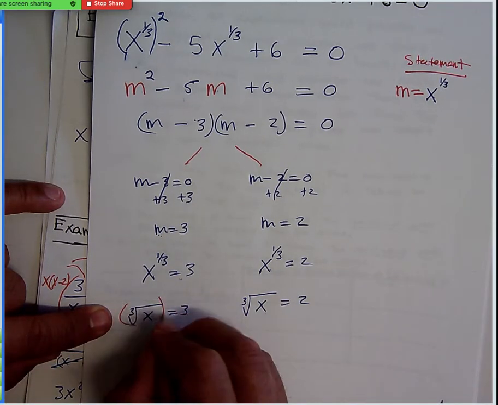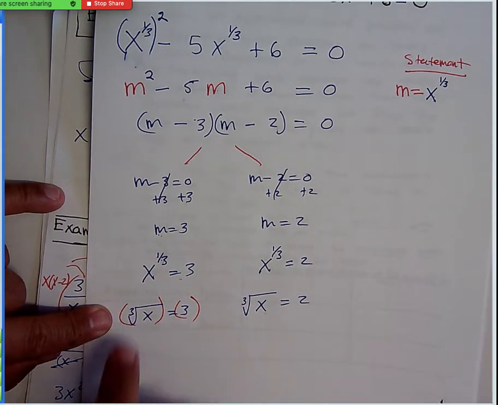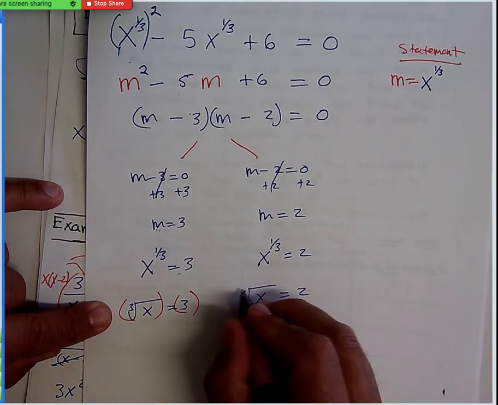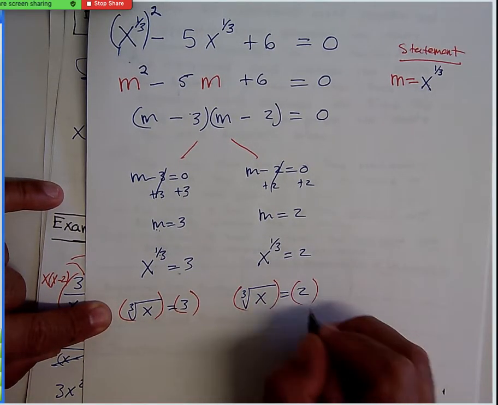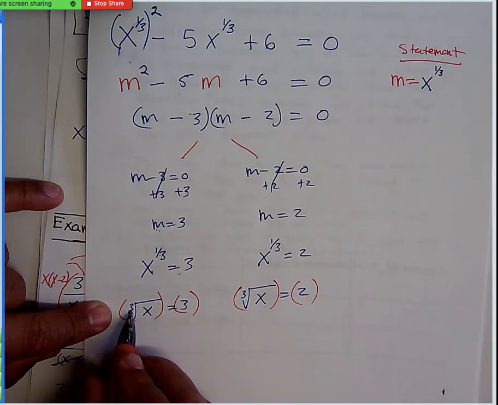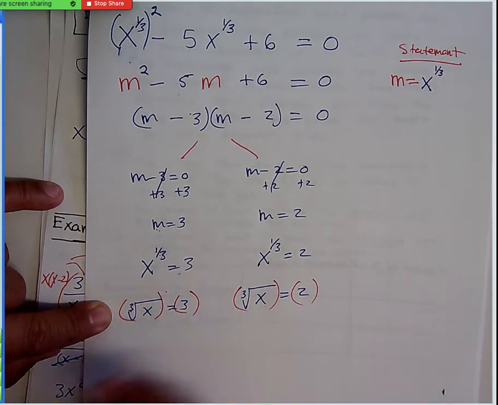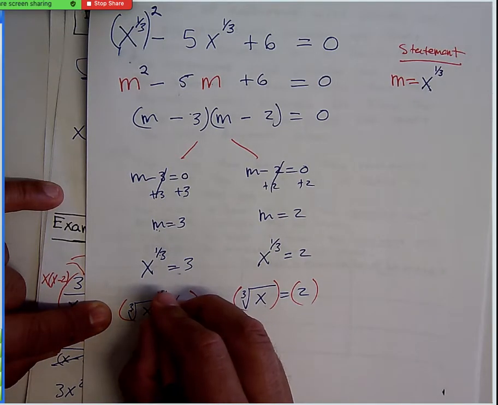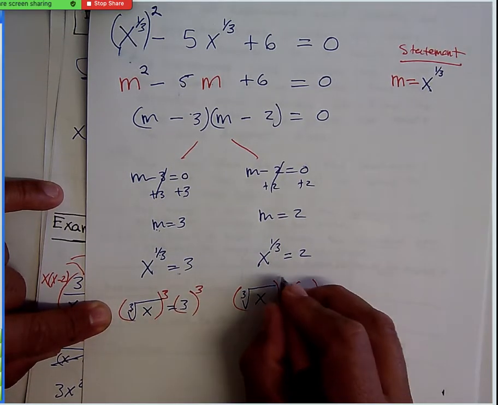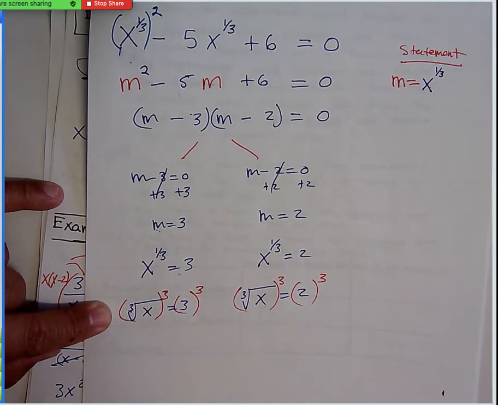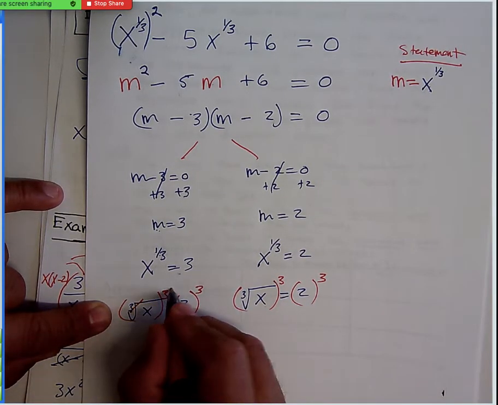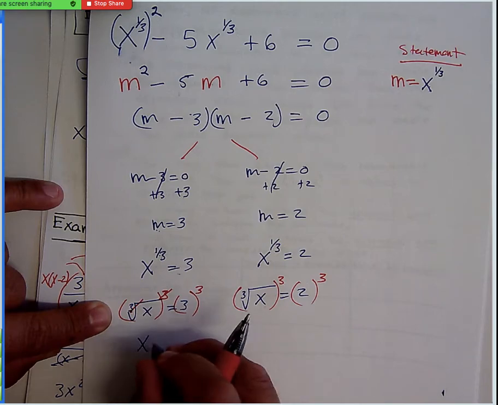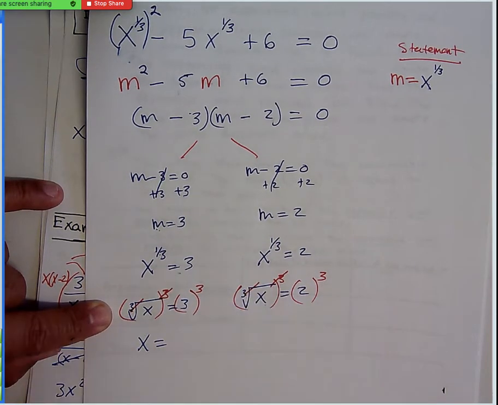So we have to elevate this to one number to get rid of the radical. So the index is 3. We need to elevate to what power? 1. No, 3. It needs to be the same so that this cancels out. This cancels out.